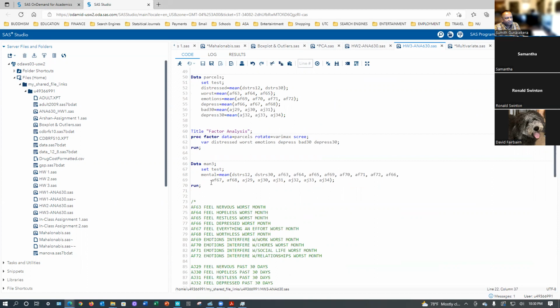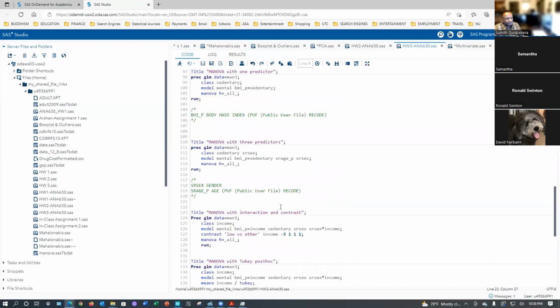I use those, and their average I call the mental situation, and that one I'm going to utilize as one of the variables. Another variable is the BMI.